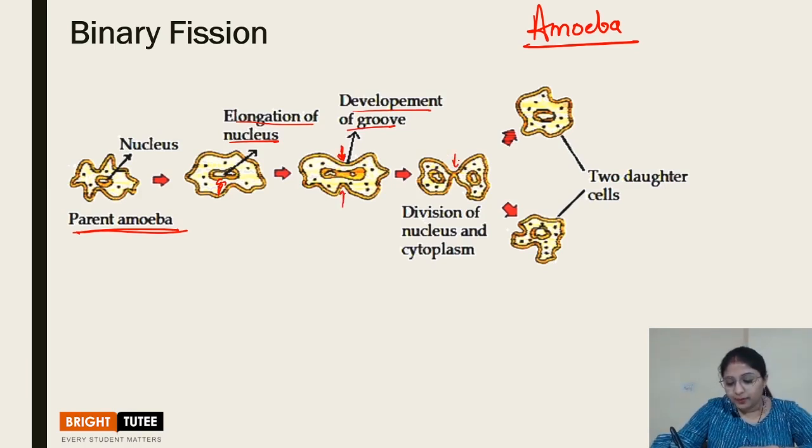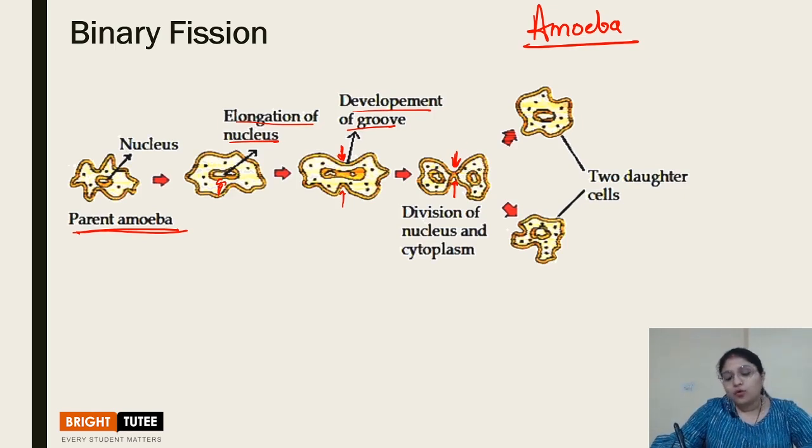Then the groove deepens, and how it deepens is that the nucleus is divided. Once the nucleus divides completely, then this groove deepens like this, and the division of the cytoplasm also takes place. But still at this stage you can see the cell membrane is still attached to one another.